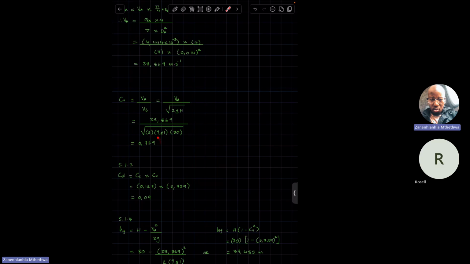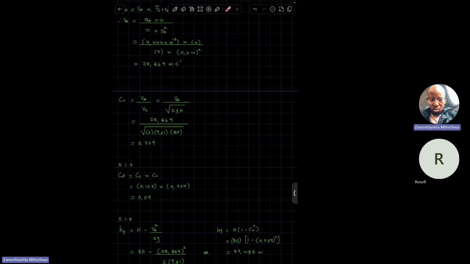Like I said, I don't care much about the answer. What I look at is the approach. So if your approach is good, it doesn't matter if your answer isn't exactly the same as the one on the marking guideline. So don't worry about answers.